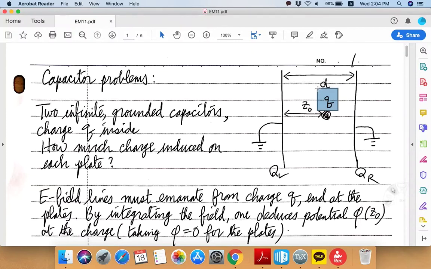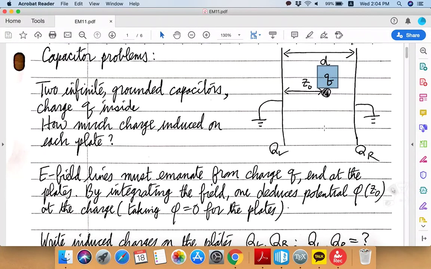Frankly, this is a pretty baffling problem at first, unless you know exactly how to attack it. First of all, let's think about the physical situation. There will be some electric field lines emanating from this charge, and then they will probably terminate on the surface of these metallic plates.